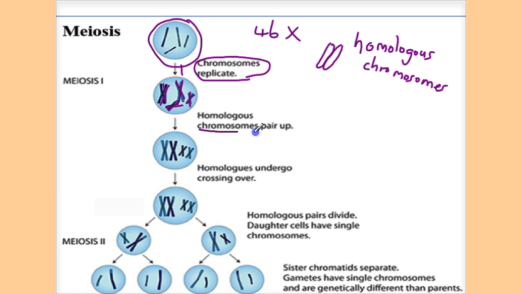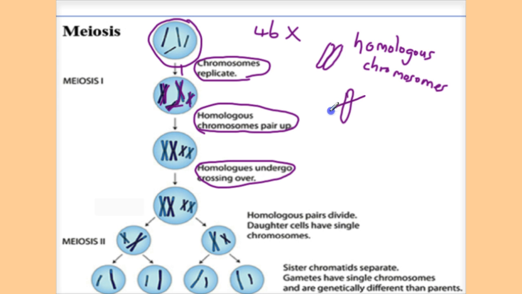Once the homologous chromosomes pair up, they undergo something called crossing over. Crossing over leads to genetic diversity. So they pair up, and I'm going to just use this little diagram here. A part of one chromosome cuts off and is attached to the other half, another part of the sister chromosome.